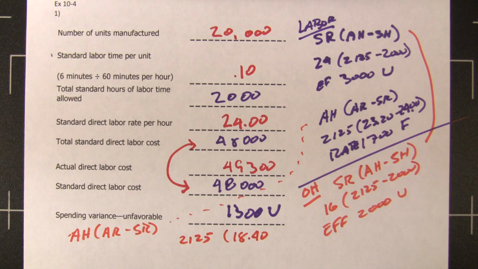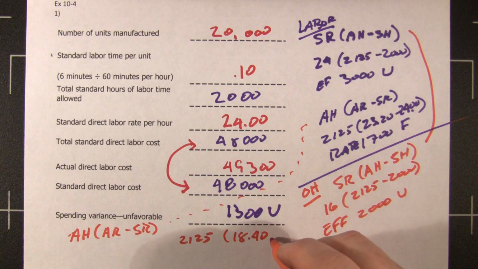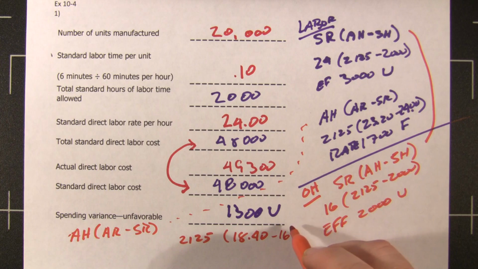The way we come up with $18.40 is we took the 39,100 that they gave us and divided it by the 2,125 hours. That's how we come up with the $18.40 minus the $16, the standard rate.